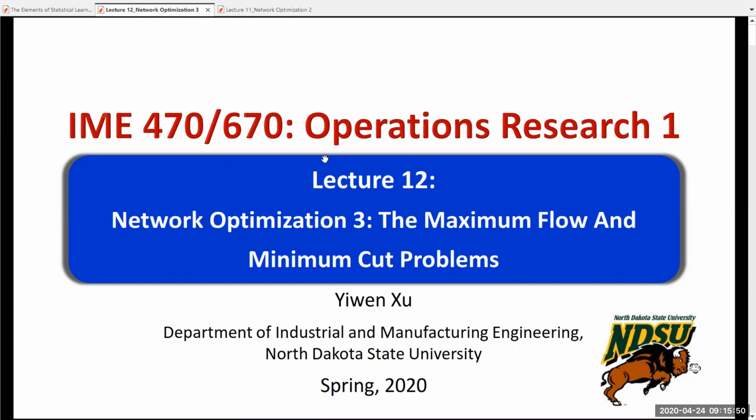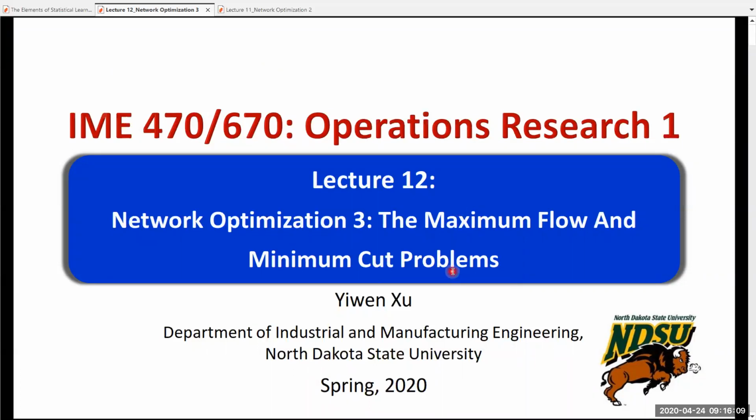And lecture 11, which is network optimization 2, we introduced the minimum spanning tree. And this is going to be the last lecture of network optimization and also the last lecture of the whole class, which is the maximum flow problem and the minimum cut problem.